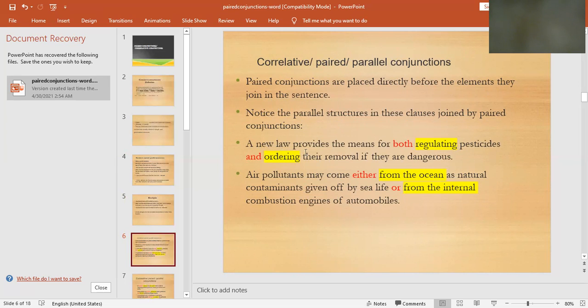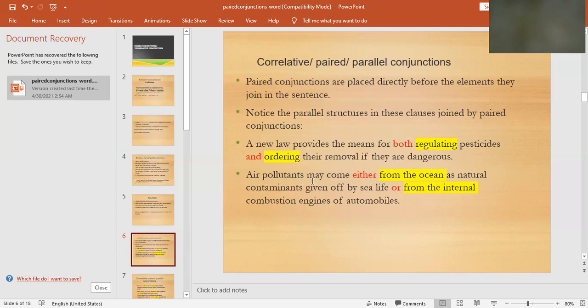A new law provides the means for both and. The conjunction is both and, in red font. So the new law provides the means of both regulating pesticides and ordering their removal. Both regulating and ordering, a gerund. After both and after and, we have a gerund.